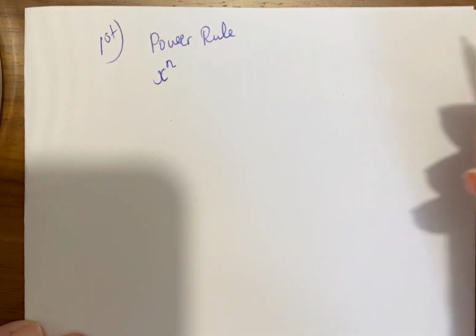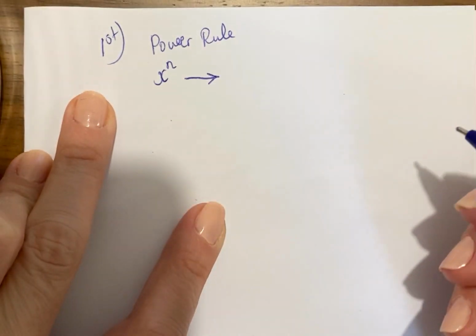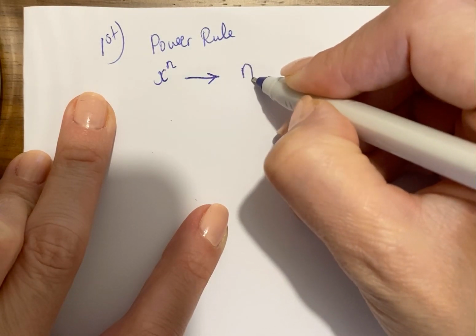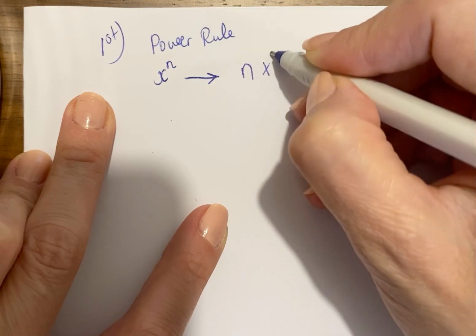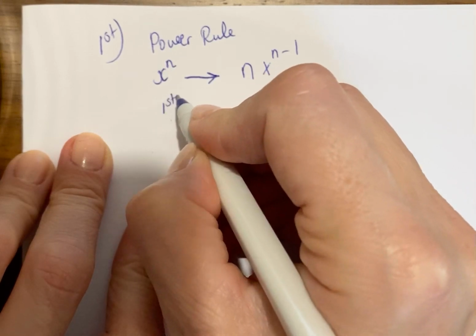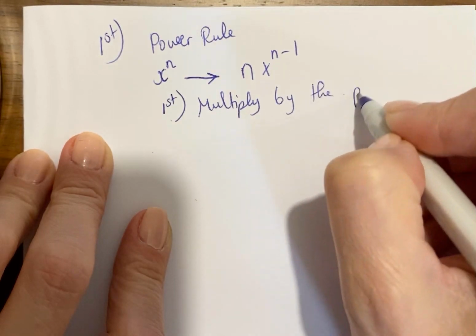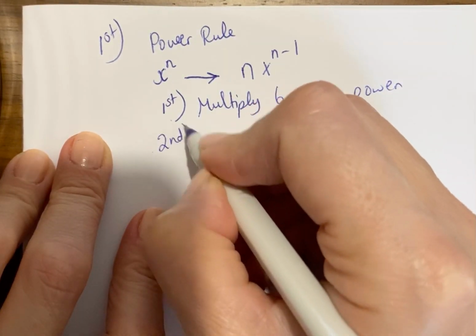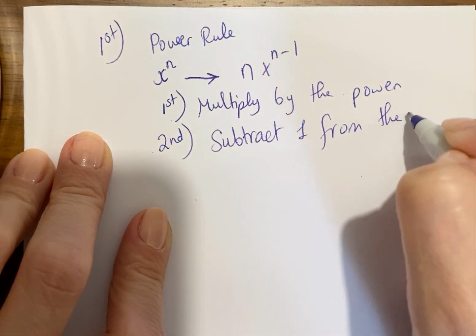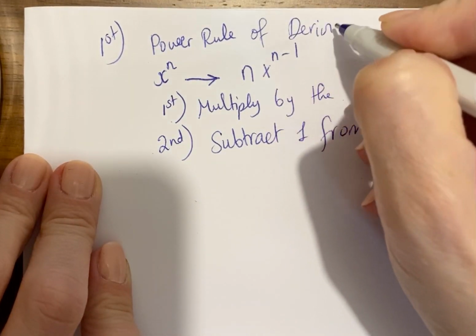We bring the power down as a multiple, x to the power n minus 1. So if I want to think what my steps are, first I will multiply by the power. Second, I will subtract 1 from the power. All right, this is the power rule of derivatives.